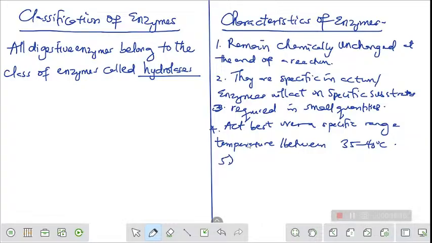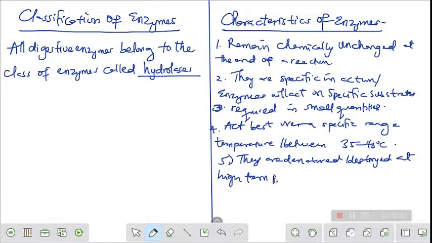They are denatured or destroyed at high temperature, and inactivated at very low temperature. So let's go to number 6.